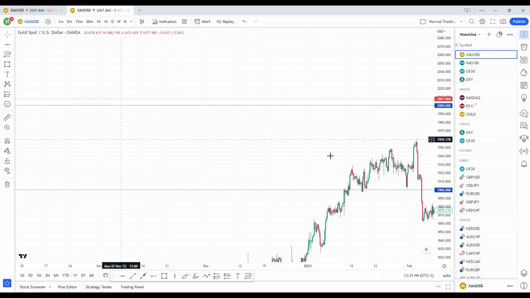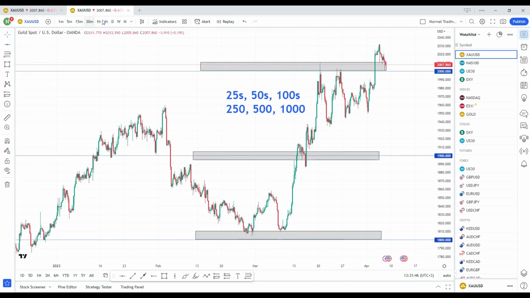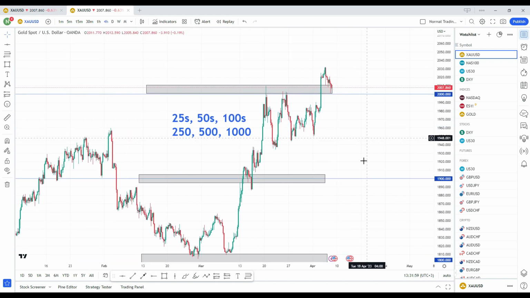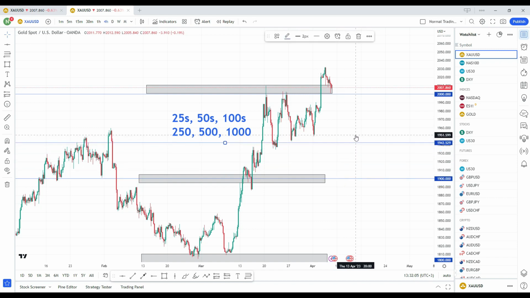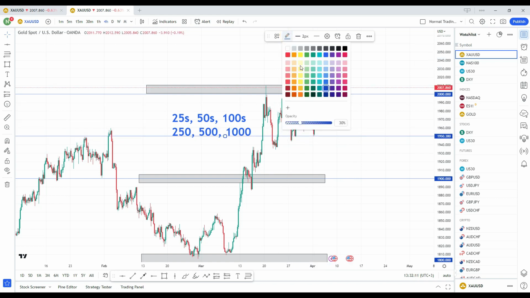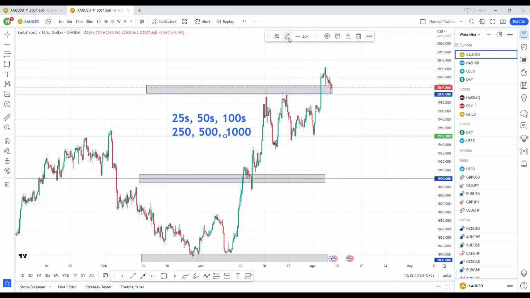So in this example, I'm using the 4-hour time frame. We have used the hundreds. If we go with the midpoints of these zones again, we can come to 1950. Maybe I can change the color to something else.